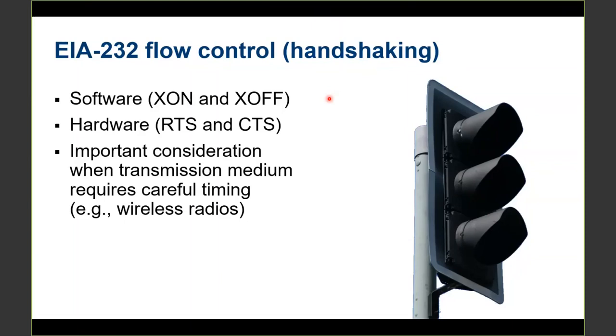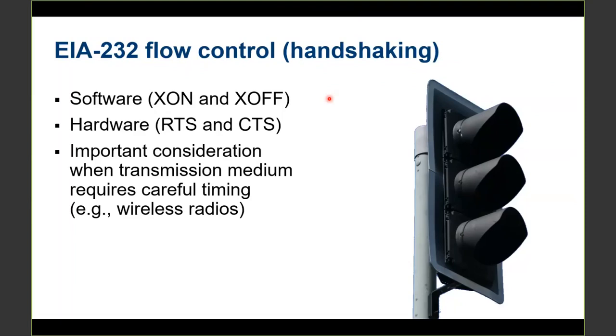So you've raised the RTS pin on one side, it raises the CTS on the remote side. That remote device decides if it's ready to receive data, and if it is, then it will assert its RTS pin, which in turn asserts the CTS pin back at the local side. That gives that first device the go-ahead that it's okay to start transmitting.